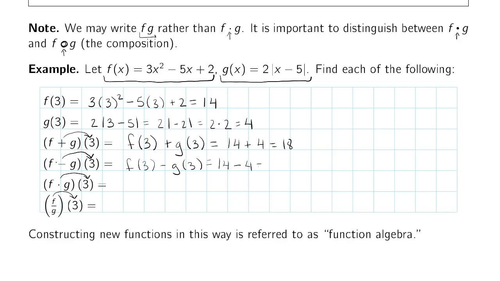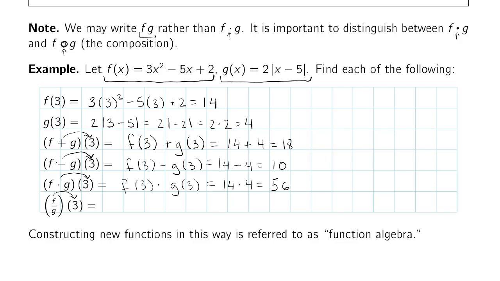So 14 minus 4, that's 10. F times g of 3, that's f of 3 times g of 3. So f of 3 is still 14. G of 3 is still 4. 14 times 4, that works out to 56.